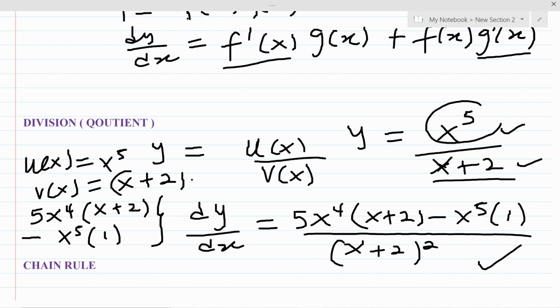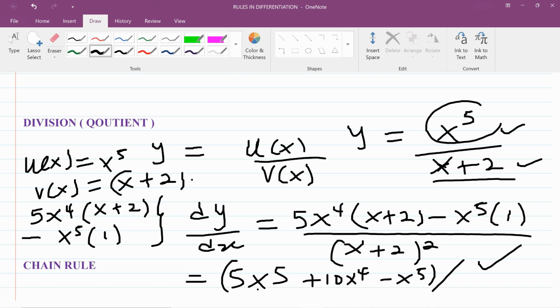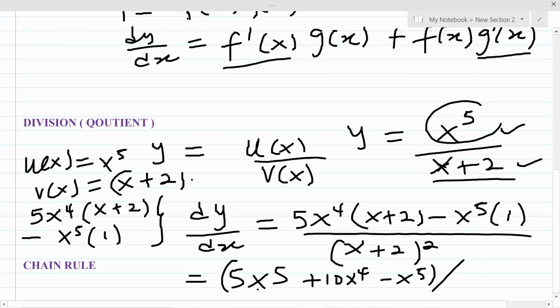If I multiply 5x to the power 4 through this, I'll get something like 5x to the power 5 at the top, plus 10x to the power 4, minus x to the power 5, all of this over x plus 2 all squared.